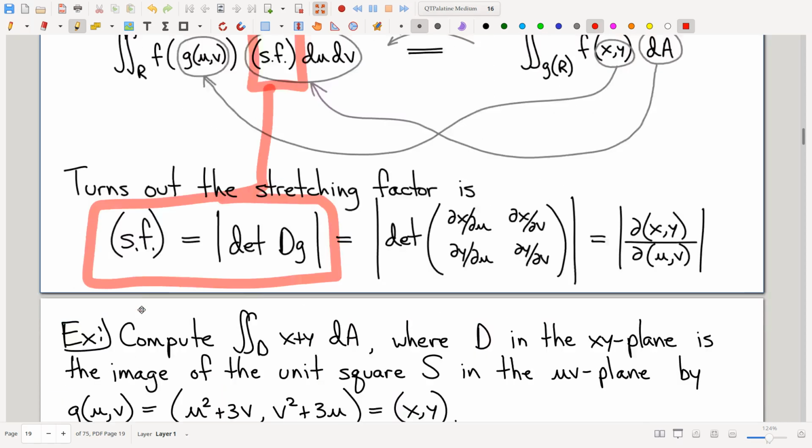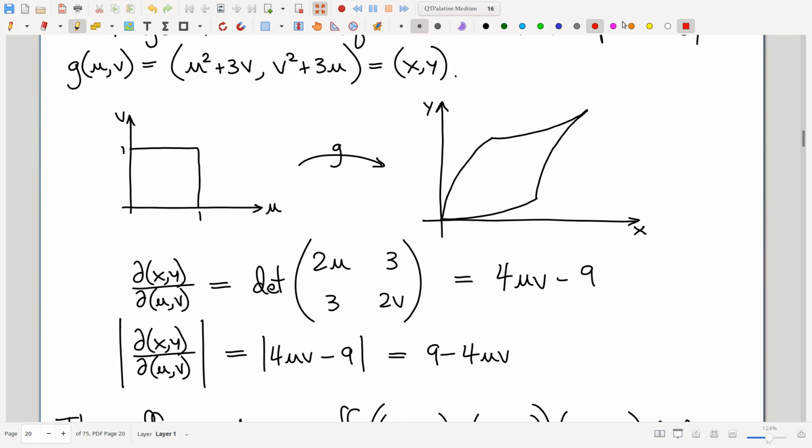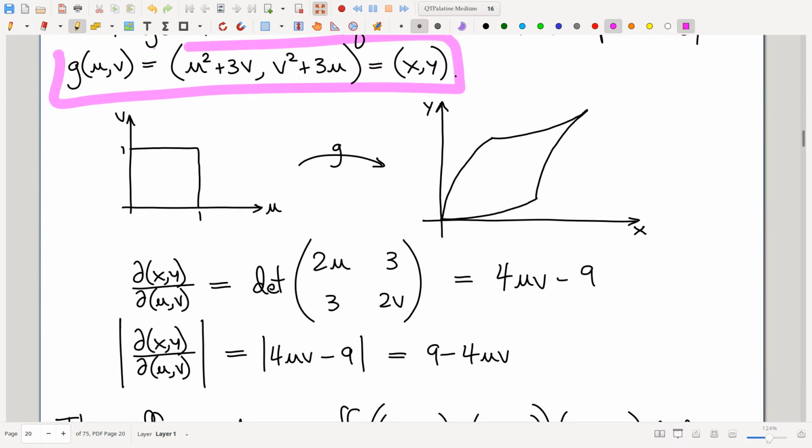Okay, all right, so let's do that. Here's our function. x and y are functions of u and v. You take the appropriate partials. That's your derivative matrix. Don't forget to take the determinant. Don't forget to take the absolute value.